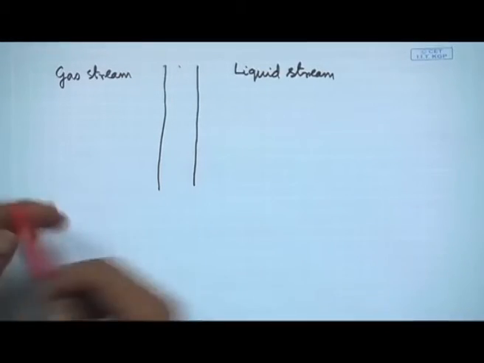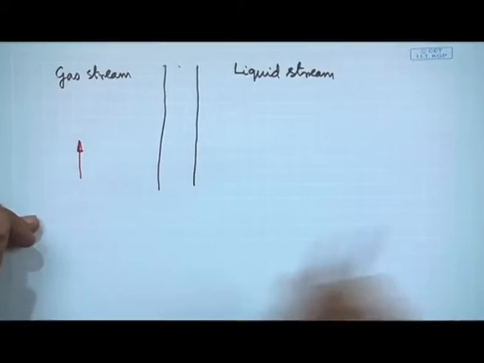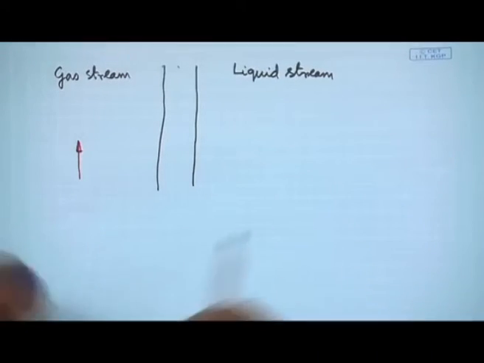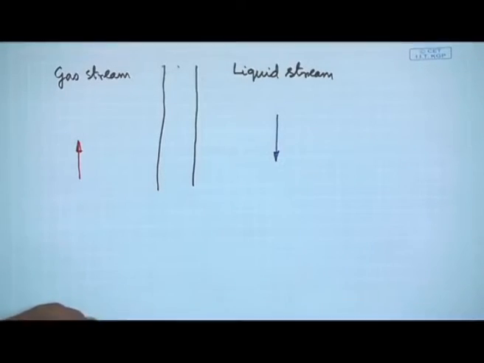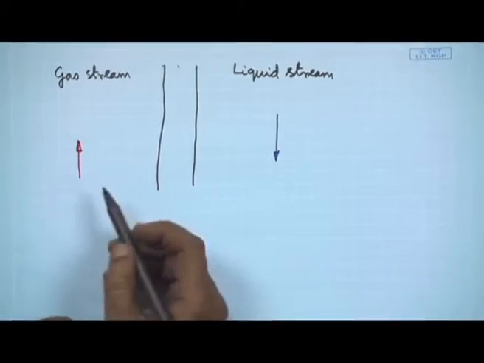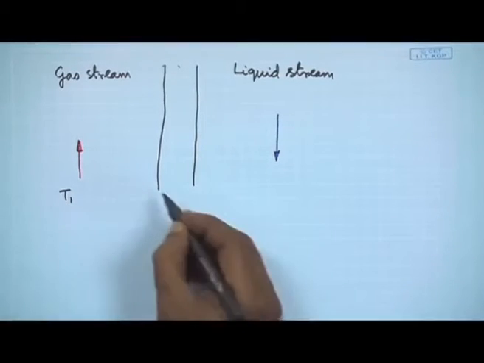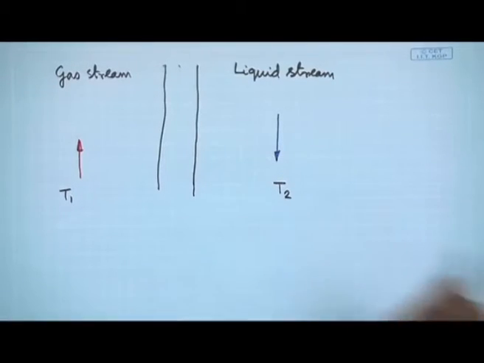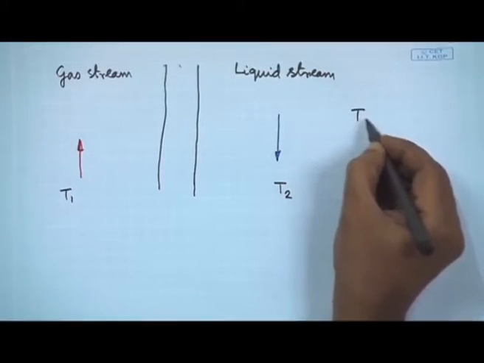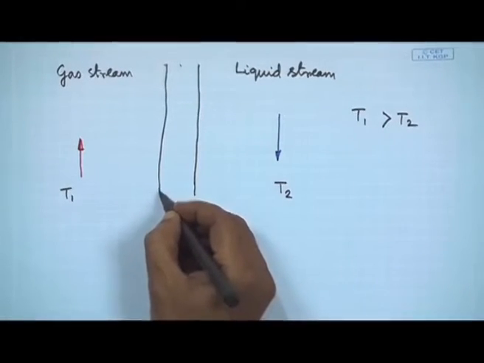Let us say the gas stream is hot, it is moving in the upward direction, and the liquid stream is cold, it is moving in the opposite direction. And then the temperatures are, let us say this temperature is T1 locally at some point, and this temperature is T2, where T1 is greater than T2. So, heat transfer will take place.